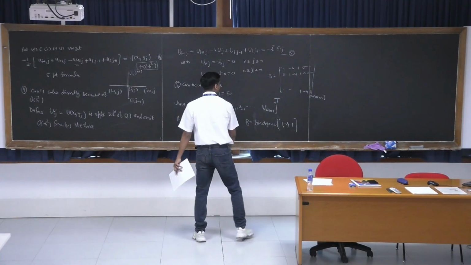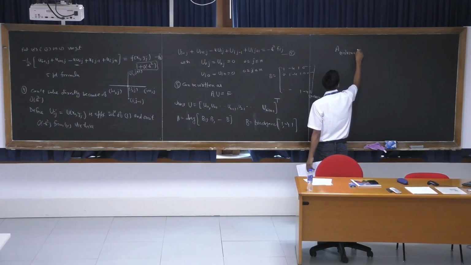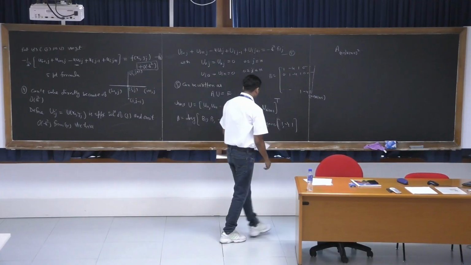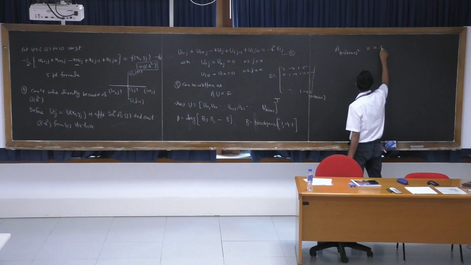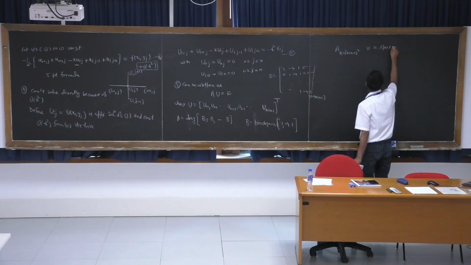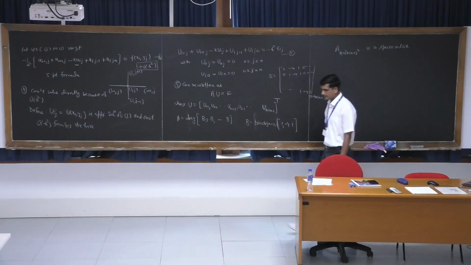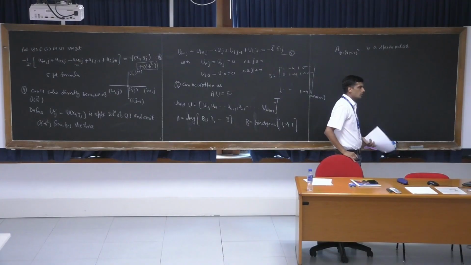So what is the dimension of A? A will be (n-1) square cross (n-1) square. Okay, so A is a sparse matrix. Sparse means the matrix whose maximum entries are 0.